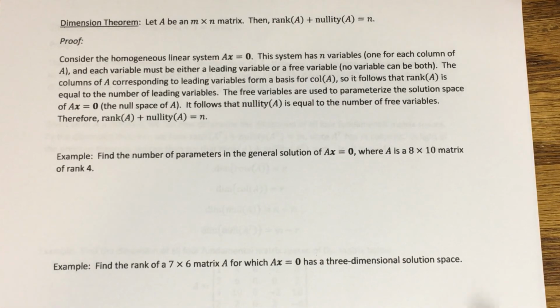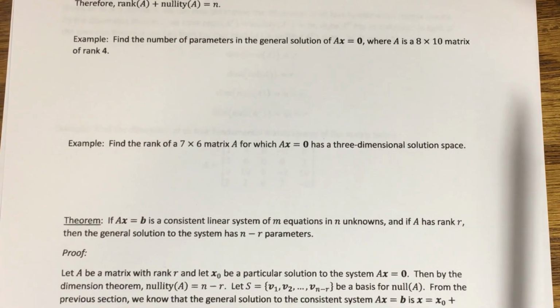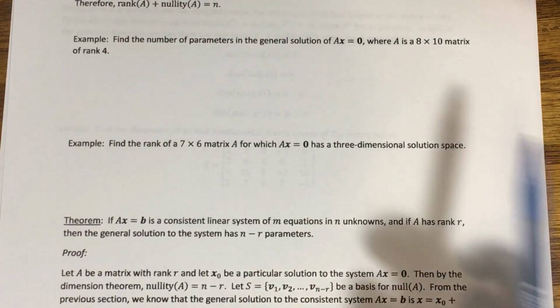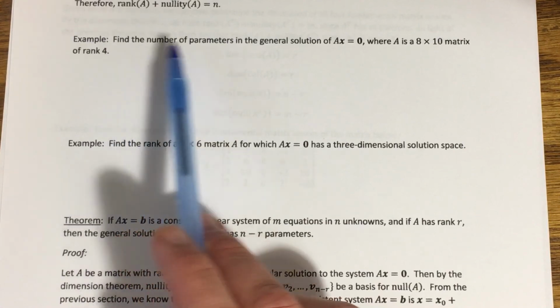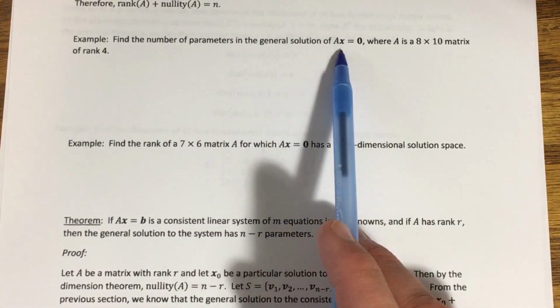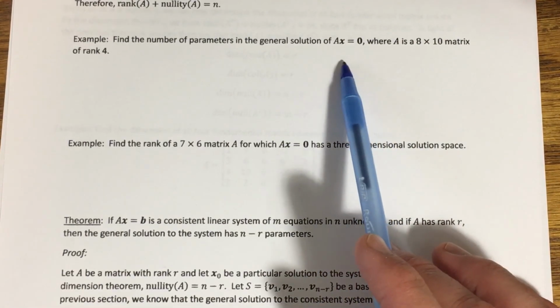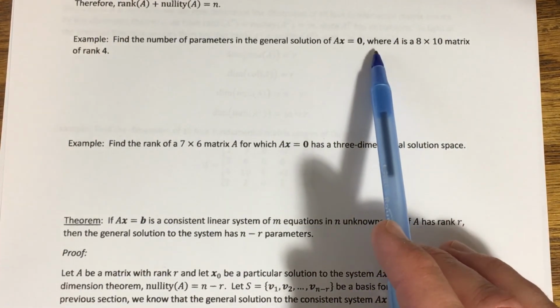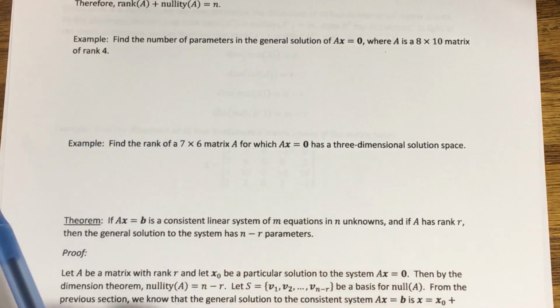This is an extremely useful theorem that we're going to see used in a couple of different ways. Let's look at a couple of examples where this is used. Find the number of parameters in the general solution of this linear system. Notice I'm not giving you the matrix A anywhere, so we can't solve this explicitly, but all we know is that A is an 8 by 10 matrix and it has a rank of 4.